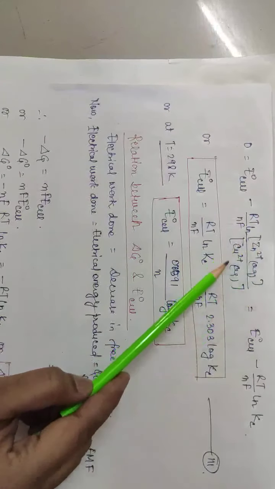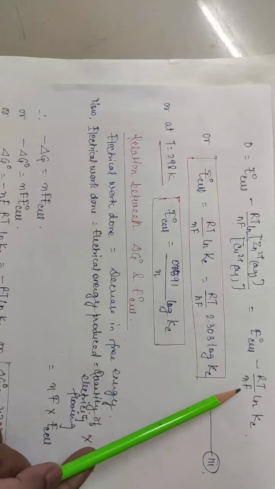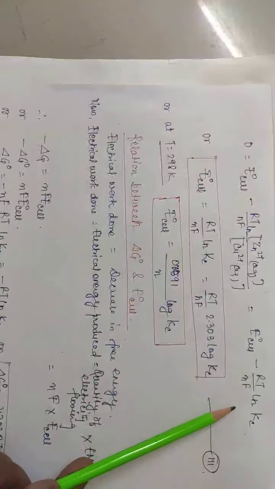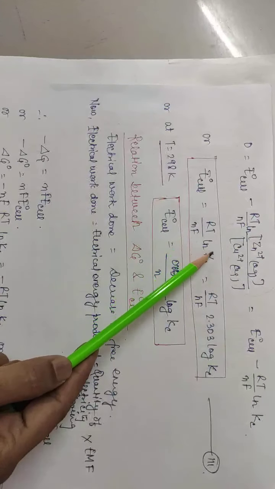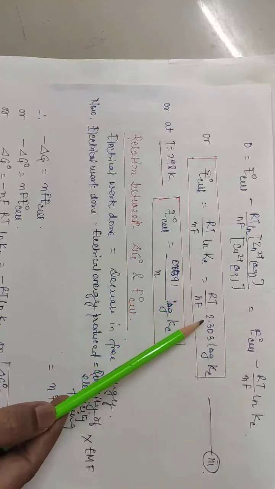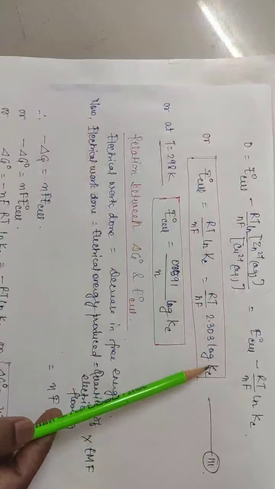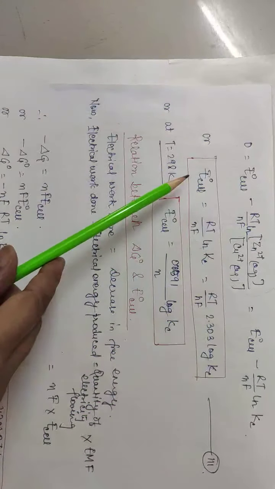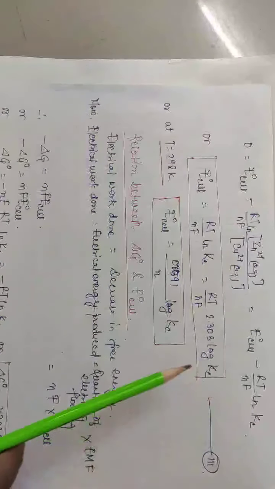This ratio is equal to Kc of the reaction, that is, E naught cell is equal to RT upon nF ln Kc. Now changing ln to log base 10, we have RT upon nF times 2.303 log Kc. This is the equilibrium relation between E naught cell and Kc of the reaction.